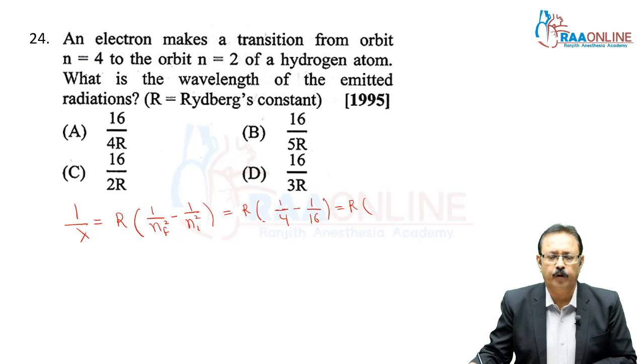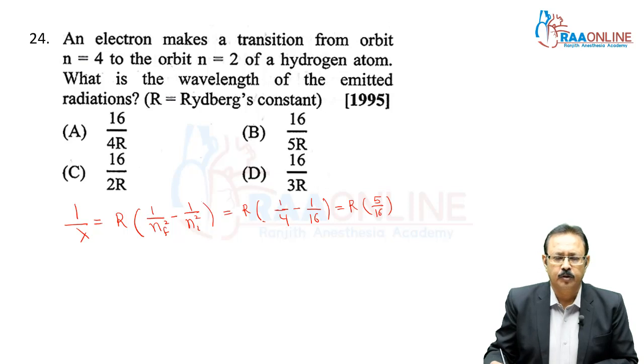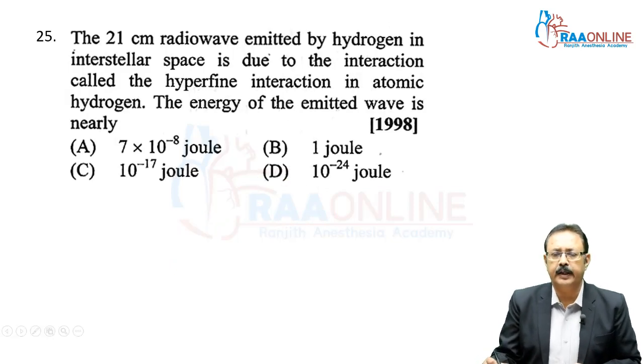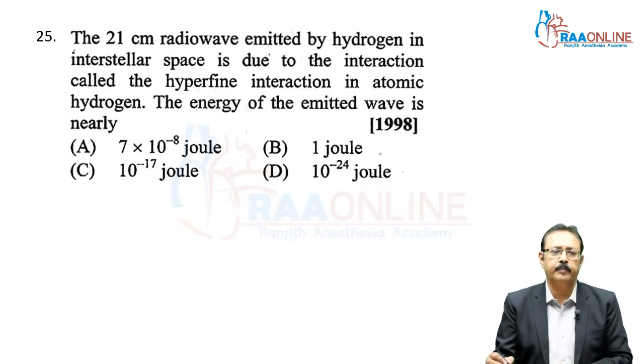It is 4 by 16 minus 1 by 16, which is 3 by 16. So 1 upon lambda is 3R by 16, so lambda should be equal to 16 by 3R. So we will go with option D, 16 by 3R.